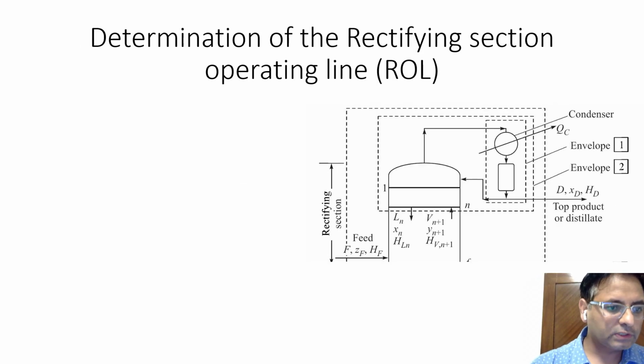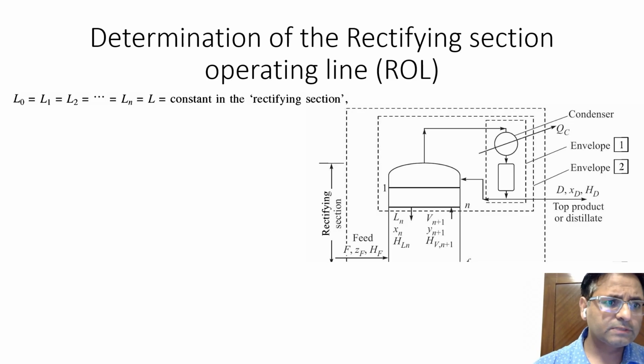Okay, so now you will see the rectification section, and how you generate the operating line for the rectification section, which is the upper part of the system where you are acting for the distillate. We have an assumption that the molar flow rate in the rectification section is constant, L1 L2 is constant.